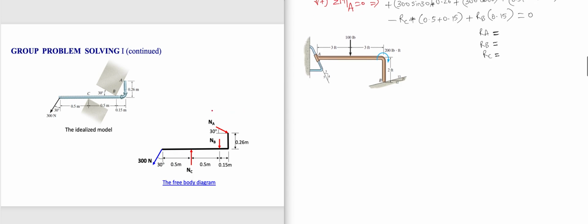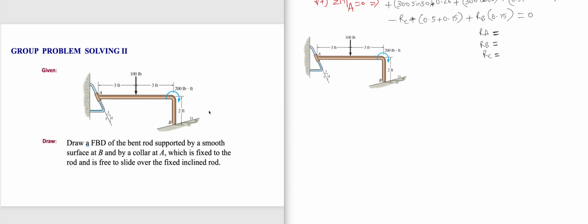Now, let's go to the next problem. Draw the free body diagram of the bent rod which has a smooth surface support at point B here, and also a slider or a collar support at A. There is a collar at A and a smooth surface support at B. For this situation, draw the free body diagram.